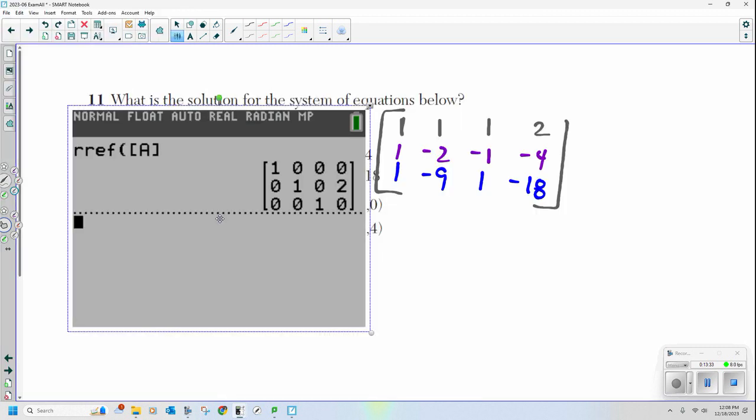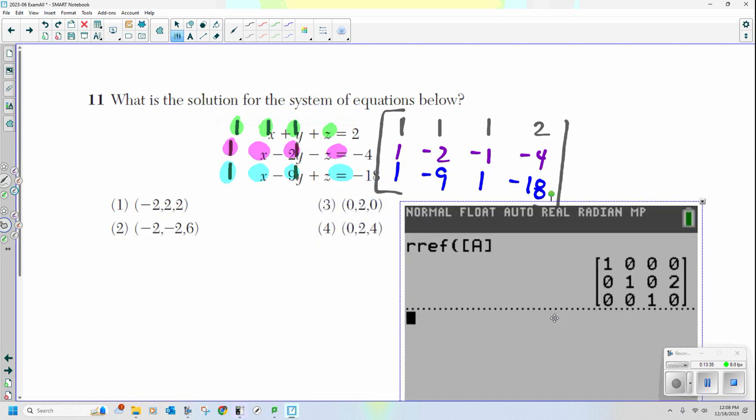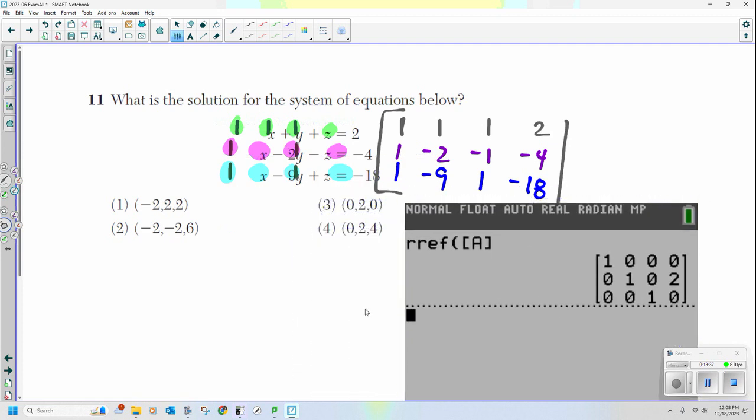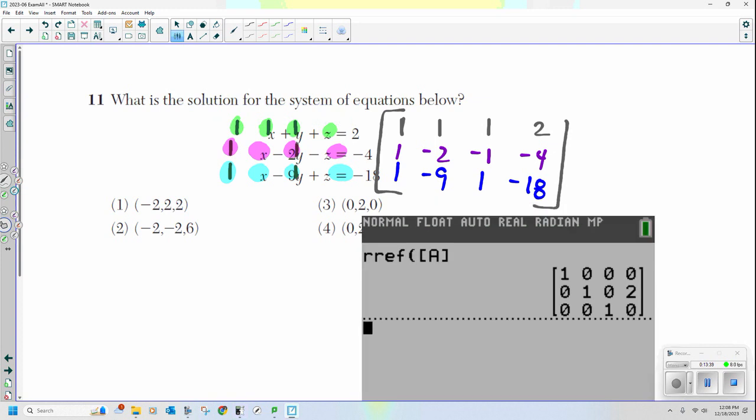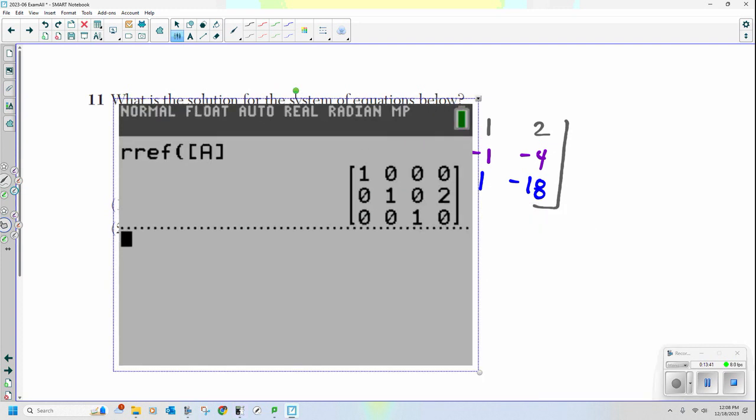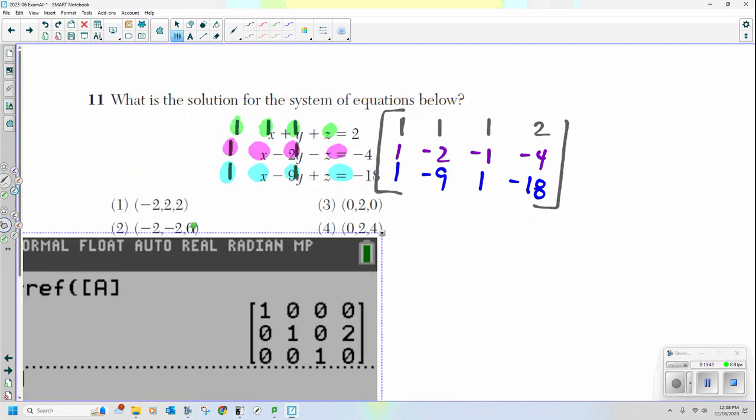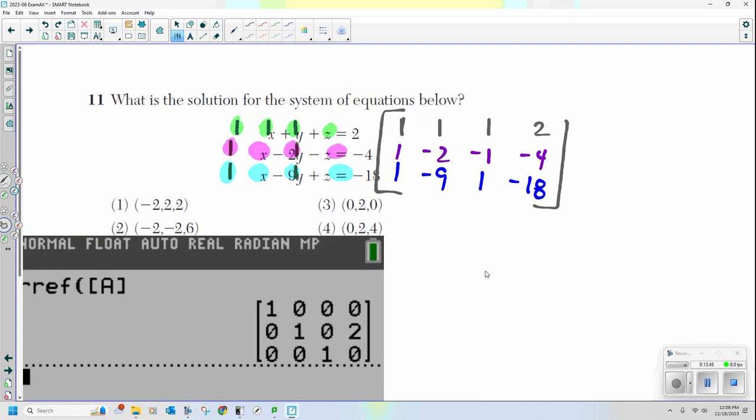So what I'm going to do here is show you how to read this. Let me make this a little bit bigger. These are my x's. My 1x should equal, this is what it equals, 0. So x is going to equal 0. These are my y's. My 1y is going to equal 2.